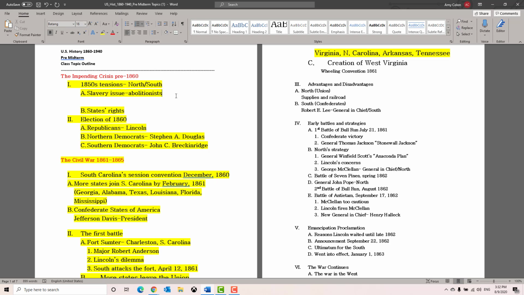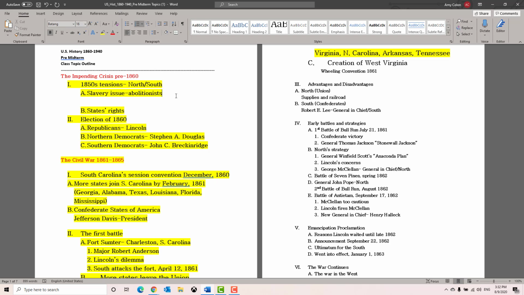The abolitionist movement was concerning to the South and slave owners in the West because it was growing in number, and their demand was for the immediate abolishment of slavery in the country with no compensation to the slave owners. So for slave owners, that was concerning because they felt that would economically devastate their farms.